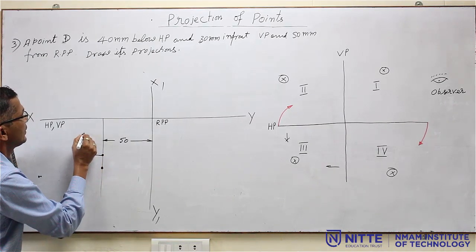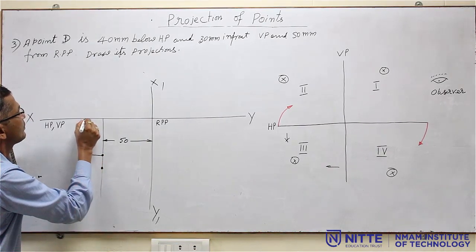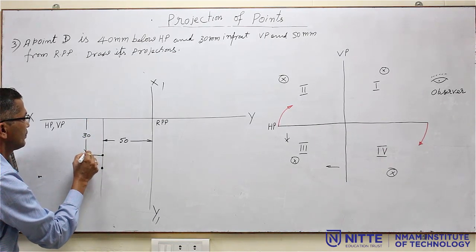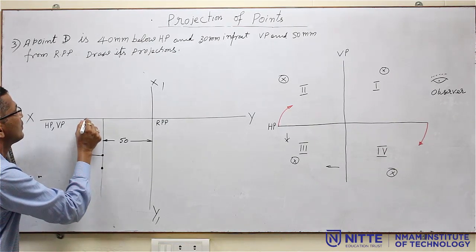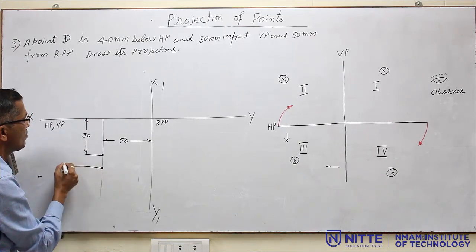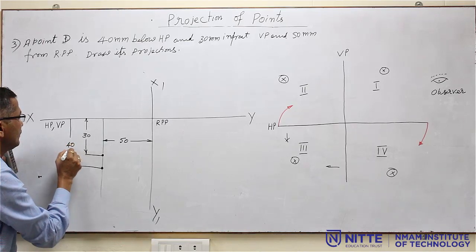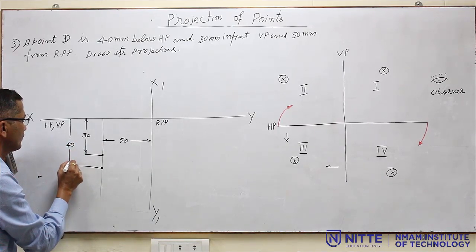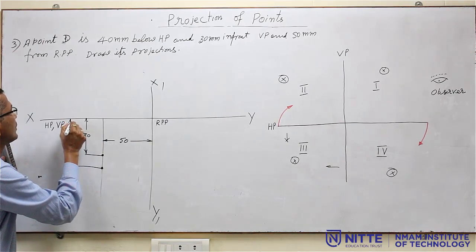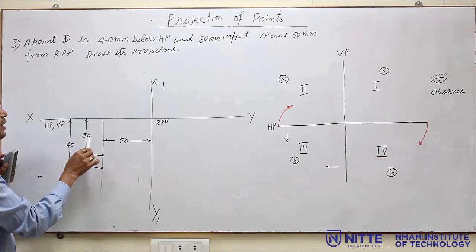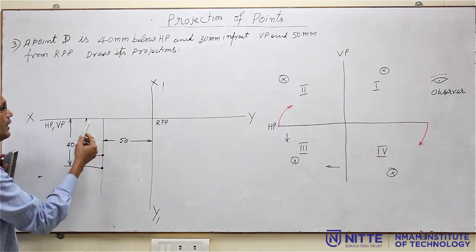You have to dimension both the points. So this is 30 mm and this is 40 mm. While dimensioning you have to take care that the smaller dimension, that is 30 mm, should be at the inner side.